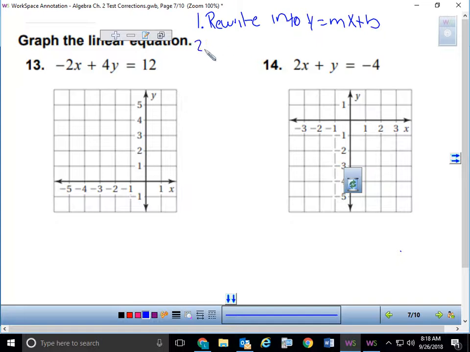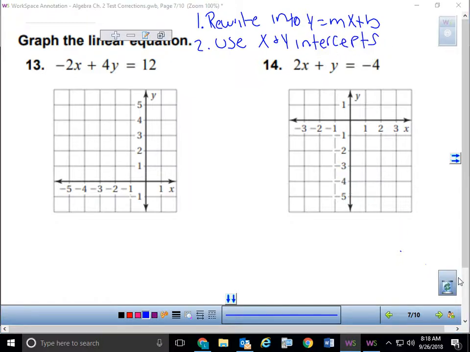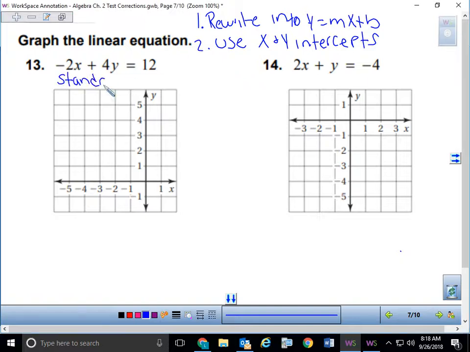The second method is to use x and y-intercepts, which I mentioned in class that especially when you have something that's in standard form, that's what this is in, standard form, that's probably easiest to use your intercepts.